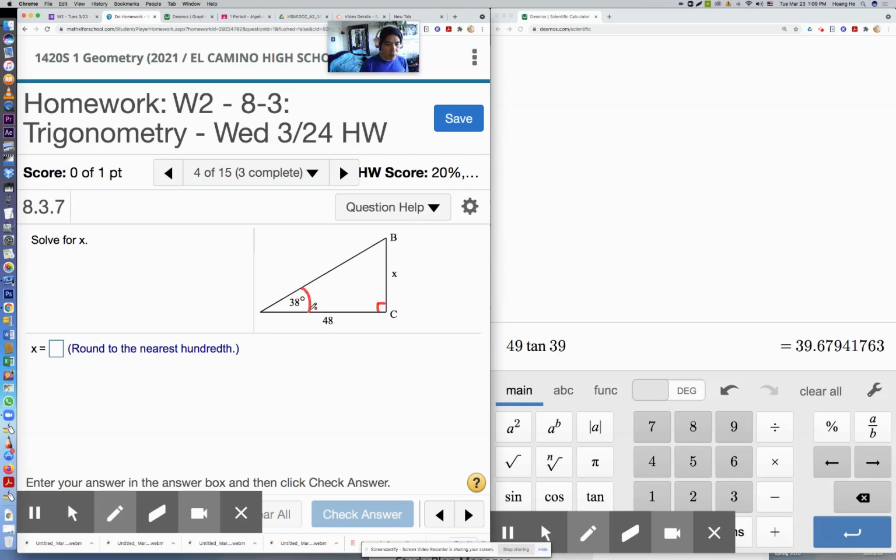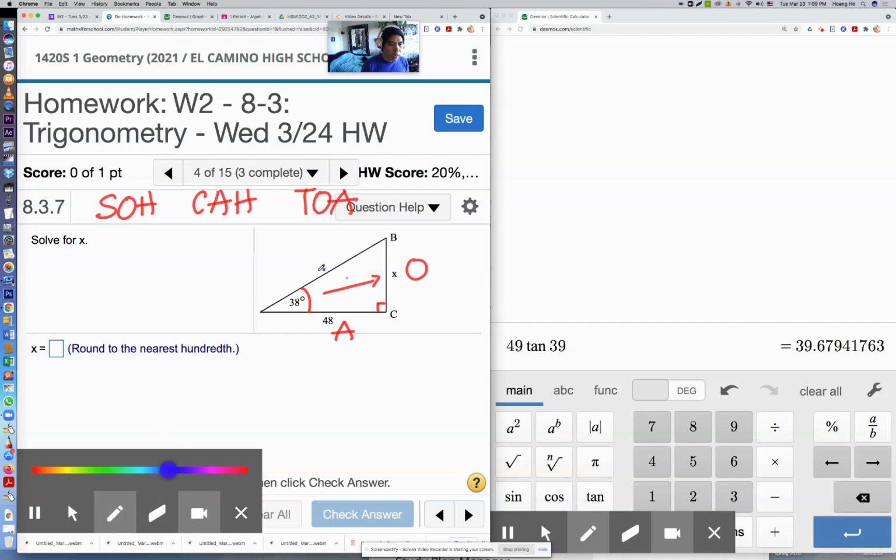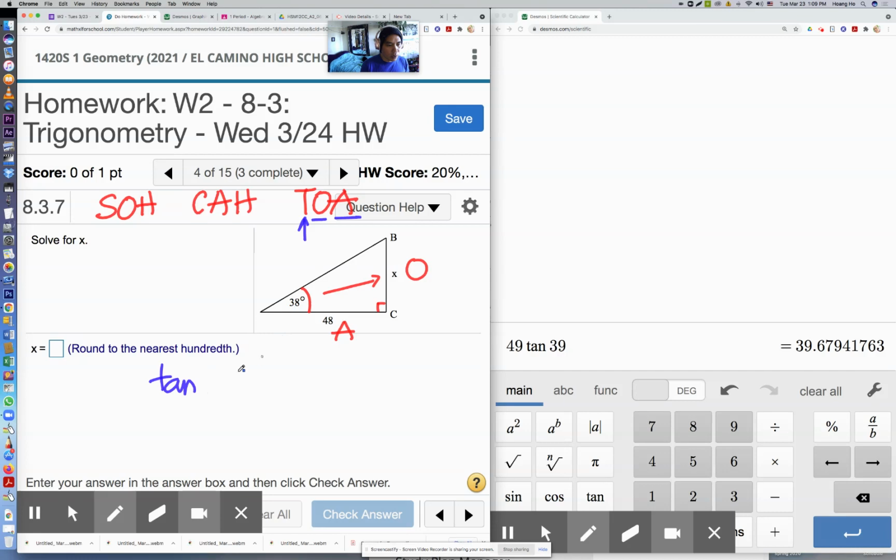So 38 right here, x should be opposite, and then 48 is adjacent. SOH CAH TOA. If you have opposite and adjacent, you have to use tangent. So tangent of angle 38 equals opposite over adjacent.